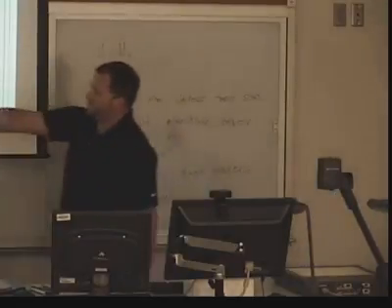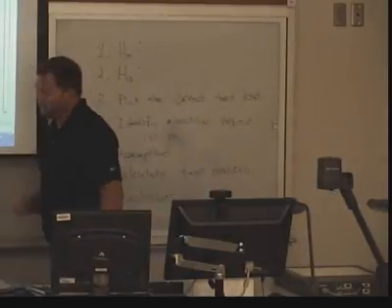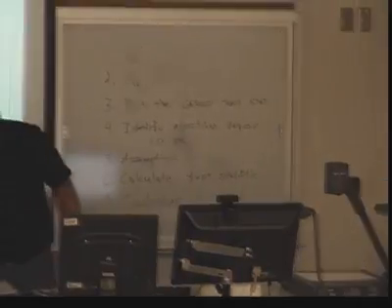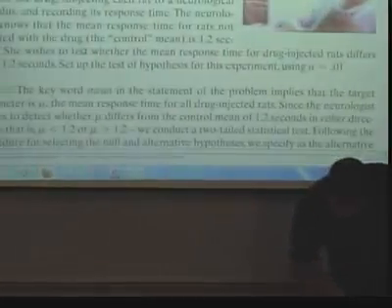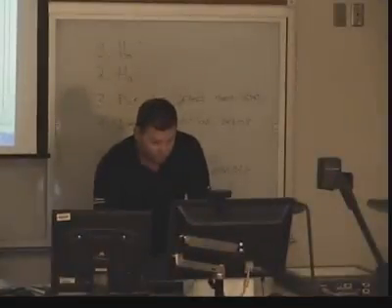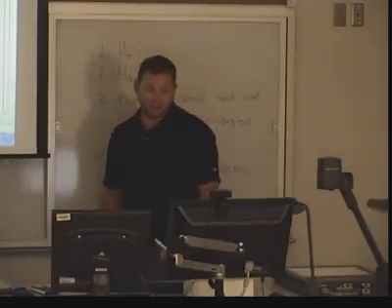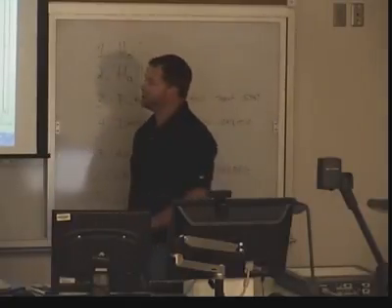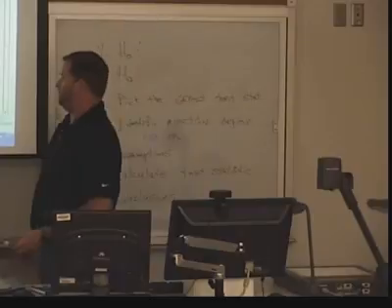Following the procedure for selecting the null and alternative, we specify the hypothesis that the mean differs from 1.2 seconds, since determining whether the drug-injected mean differs from the control mean is the purpose of the experiment.